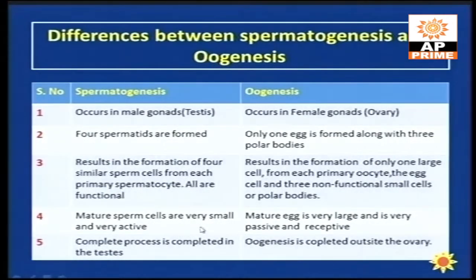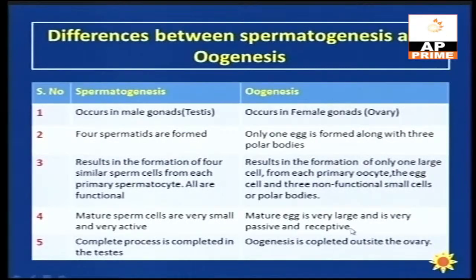In spermatogenesis, the mature spermatozoa cells are very active and they can travel from the seminiferous tubules and reach the ovary, whereas the egg is very inactive, always passive and receptive.